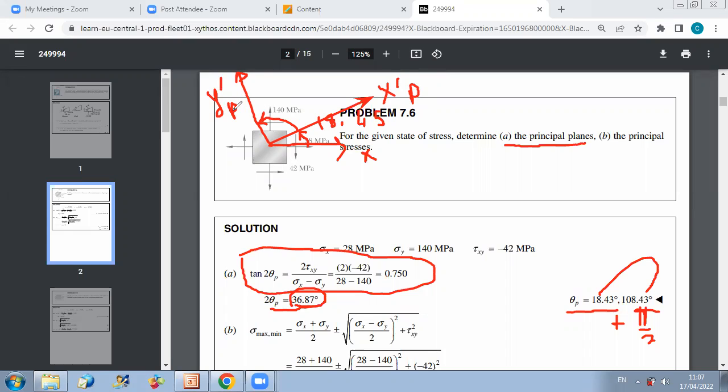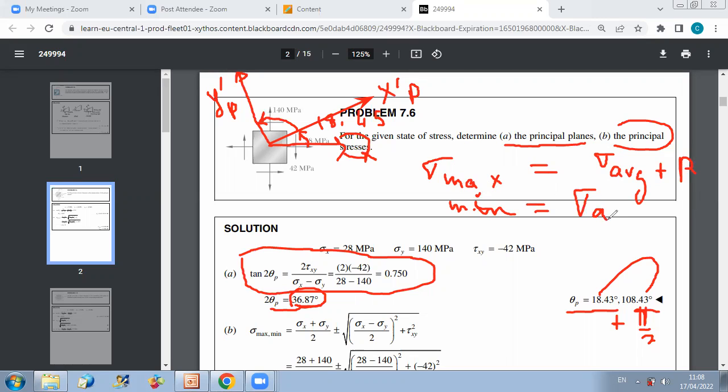Okay, and now they also want us to determine the value of the principal stresses. As we discussed together, sigma maximum and sigma minimum can be obtained as sigma max is sigma average plus the radius of the circle, and sigma minimum is sigma average minus the radius of my circle.